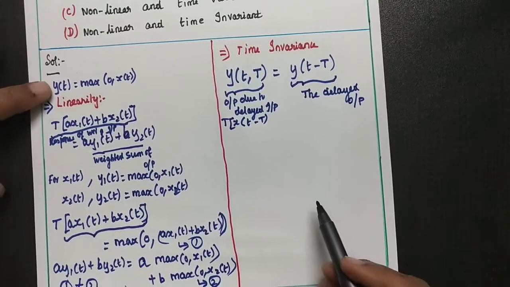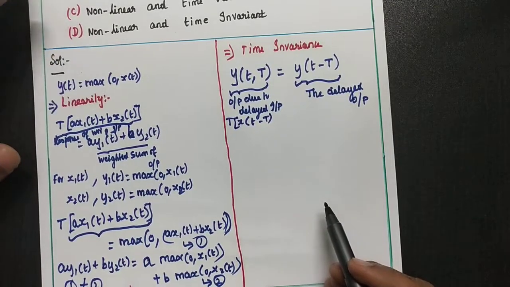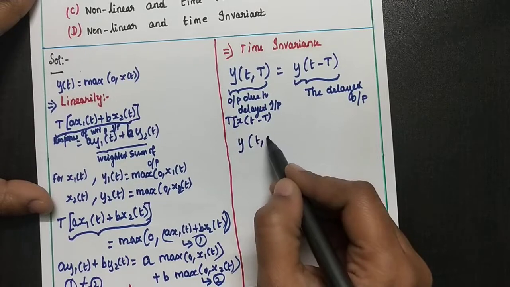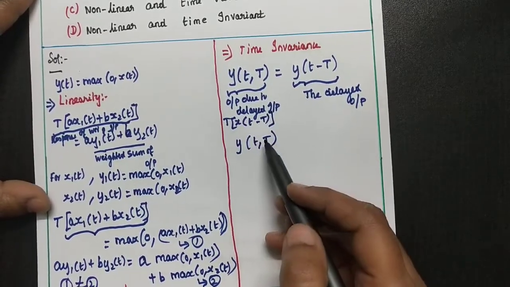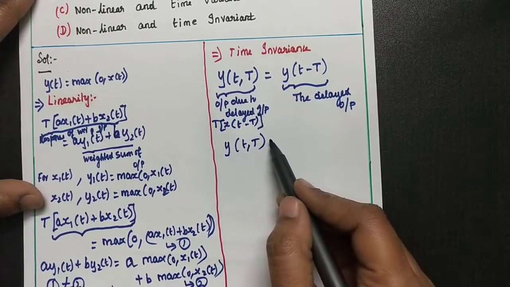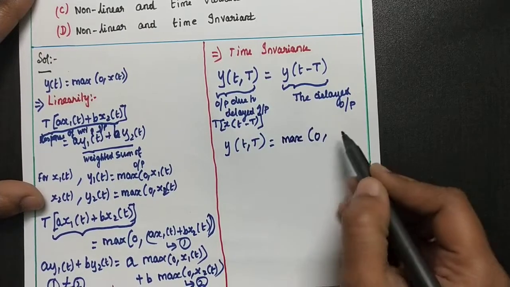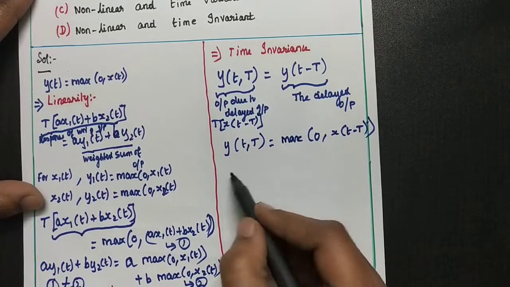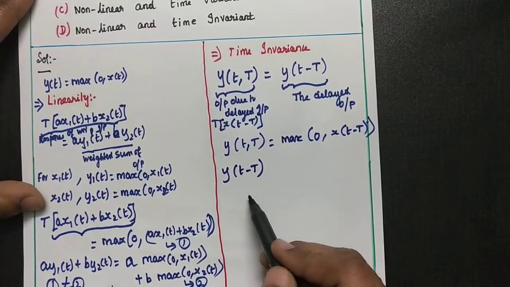What is the equation given? y of t equals maximum of 0 comma x of t. Let me find y of t comma T, that means the output due to delayed input. The input should be delayed by T seconds, so this becomes maximum of 0 comma x of t minus T. Then y of t minus T is the delayed output.